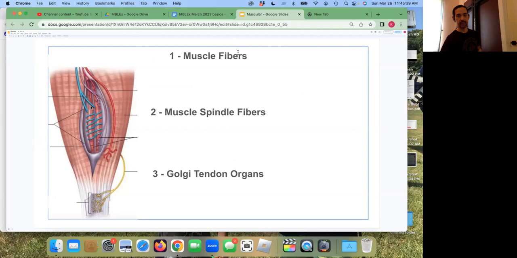So we have the muscle fibers, which are the part we think of as the prime mover, as the strength part of the muscle. They make up the most mass of the muscle. And then we have the muscle spindle fibers, which are inside the muscle spindle. The third feature we're going to talk about is the Golgi tendon organs, and we'll talk about those last.